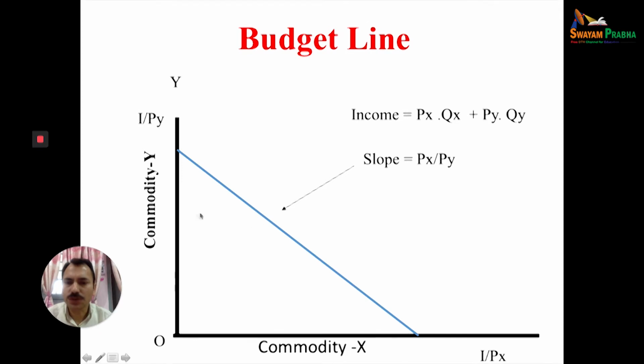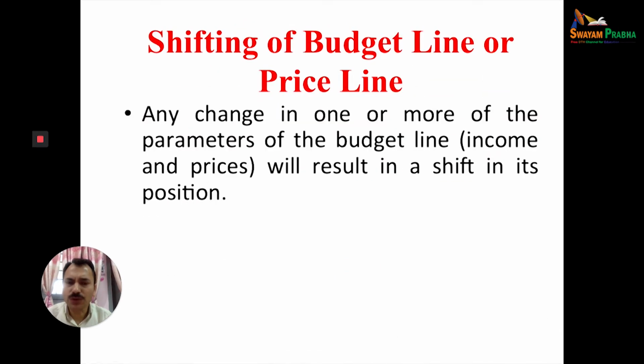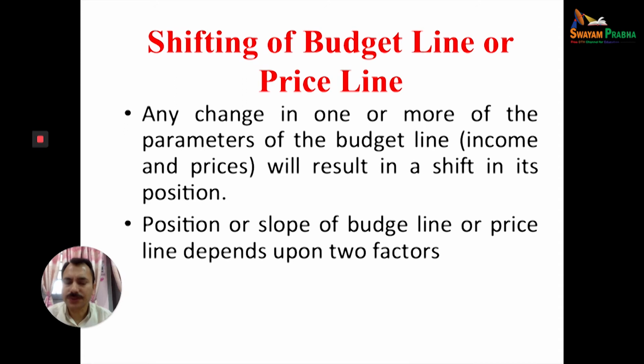This shows the combinations of two goods, say X and Y. Any combination on this budget line the consumer can purchase. And when the income of the consumer increases, any change in one or more parameters of the budget line, income or price, will result in a shift in its position. Any change in income, any change in price, the budget line will shift.